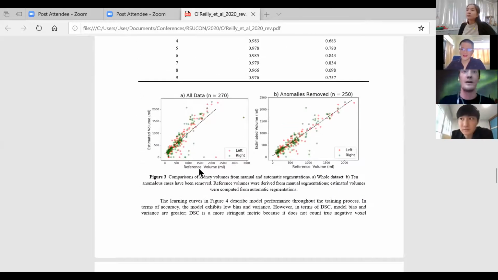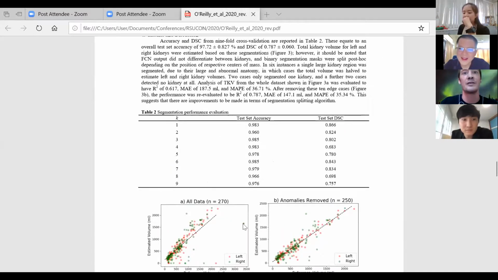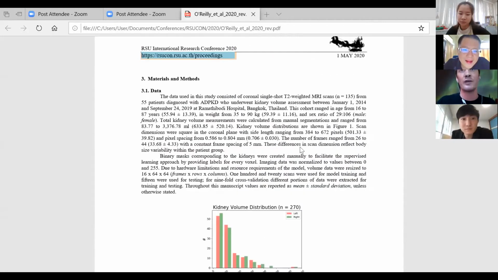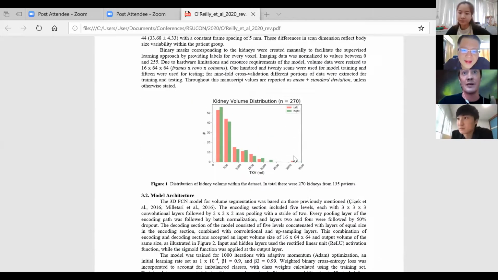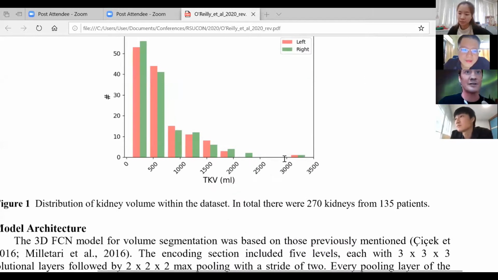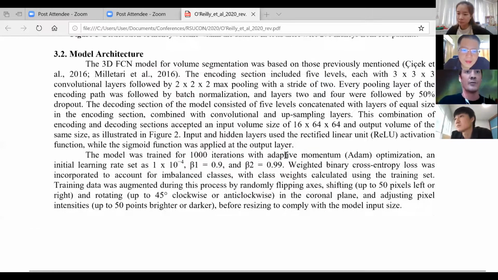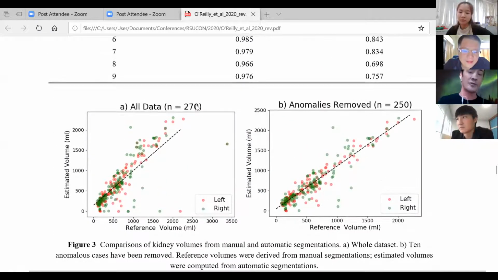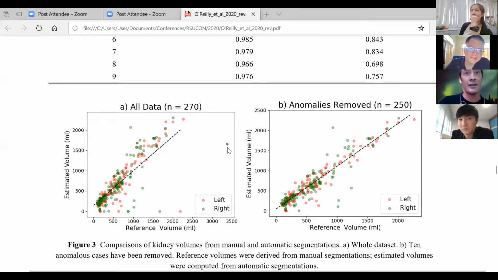Okay, yeah. So I mentioned that there was a very large kidney, right? In the distribution of the data here, you can see there's one case. This was one patient that had extremely large left and right kidneys. When we looked at the full data set, 270 cases, so 270 kidneys from 135 scans, this is an overlapping green and red dot, which is that outlying patient.